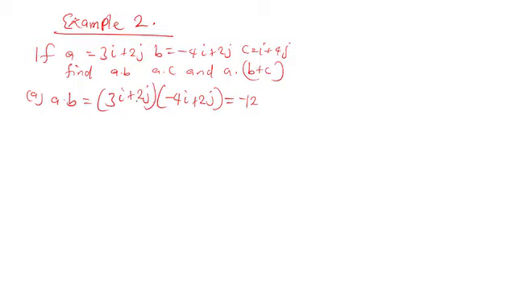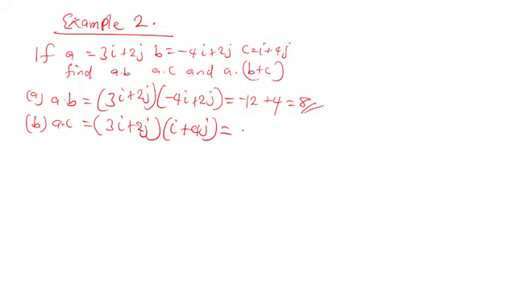You can't multiply 3I by j because it gives 0. So 2 times 2 here is 4. So our answer is minus 12 plus 4, which is equal to minus 8. As simple as that. The second one is A dot C. A is 3I plus 2j, and C is I plus 4j. 3 times 1 is 3, 2 times 4 is 8, so plus 8 gives 11.